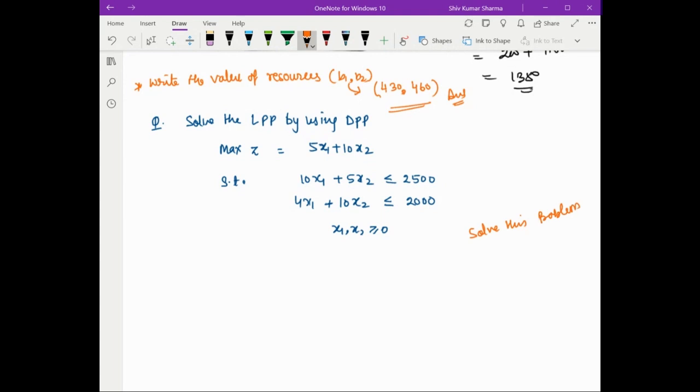Solve this problem. You have 5 minutes. Try to solve this problem within 5 minutes.